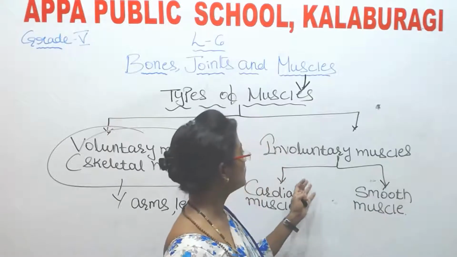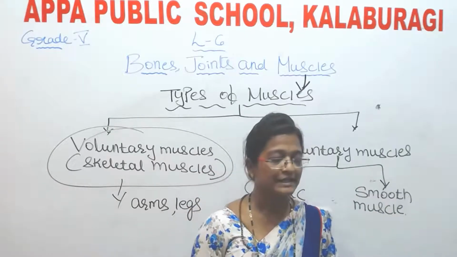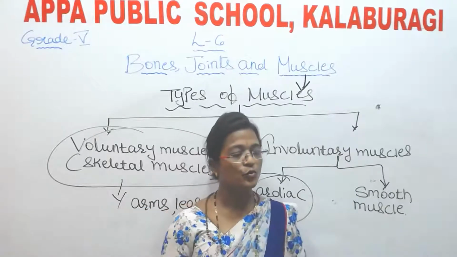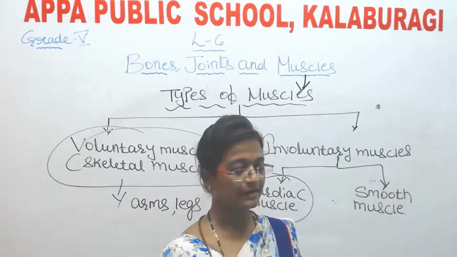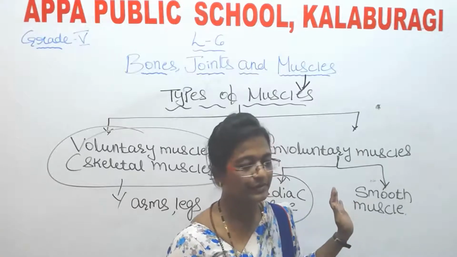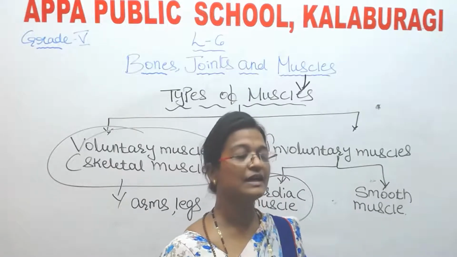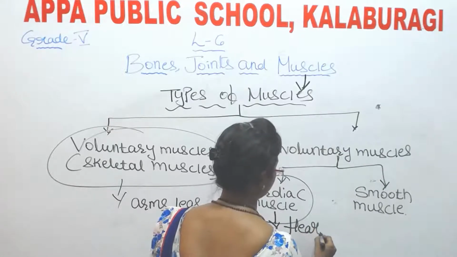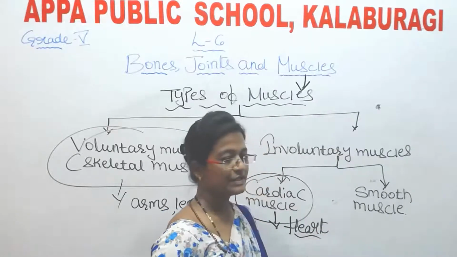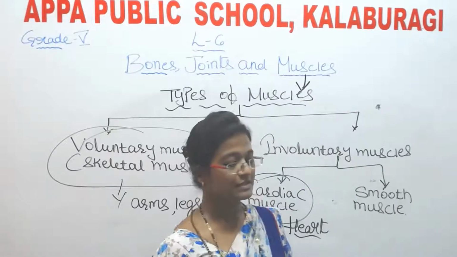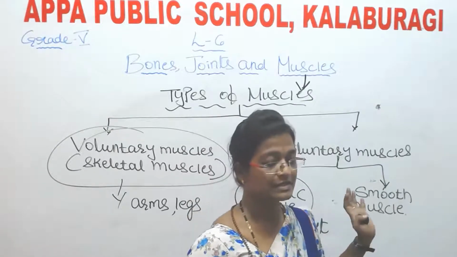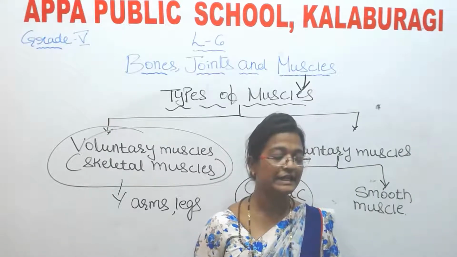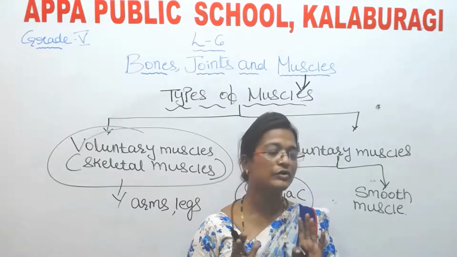So what about involuntary muscles? Let us talk about cardiac muscle. Where do we find it? These muscles are found in the heart. They are involuntary and keep pumping blood throughout the body.